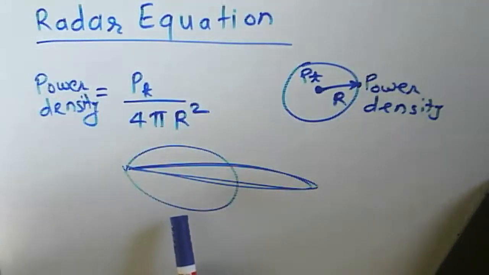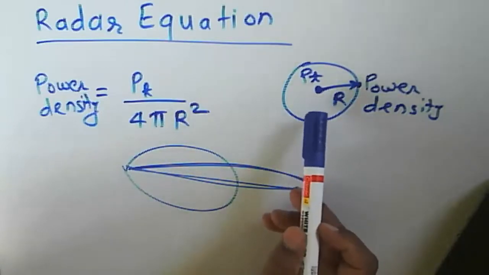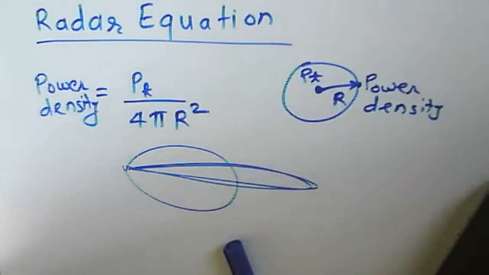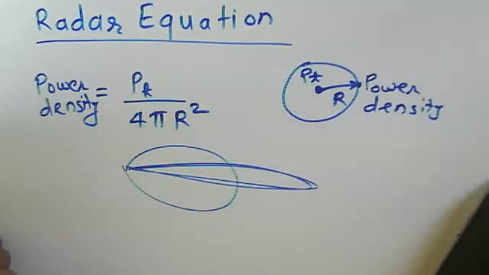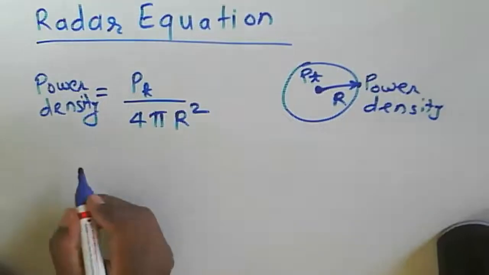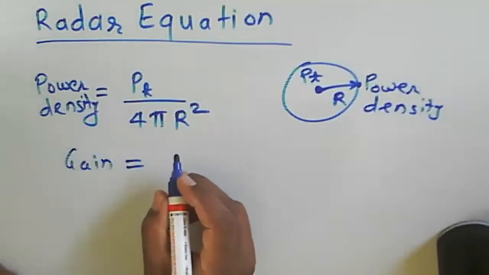Or we can consider that with the same transmitted power Pt, the isotropic radiator radiates in all directions, while the other radiates only in a given direction. That is how we can find the gain of a given antenna or device.